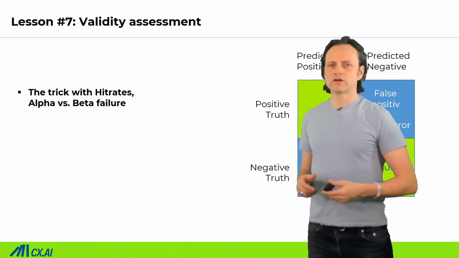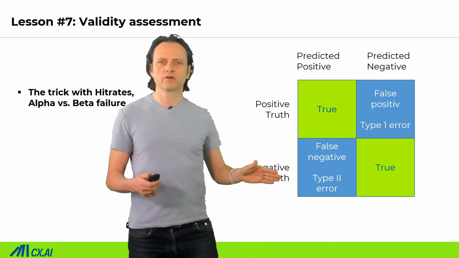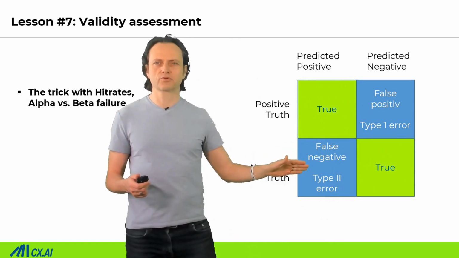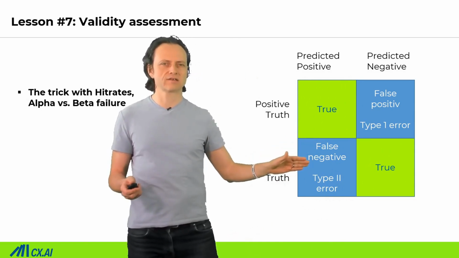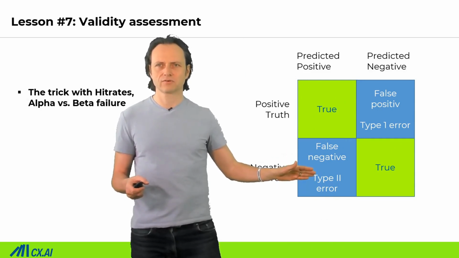The other error is if it's not quality, but you predicted that it is quality, that's a false negative error, type 2 error.